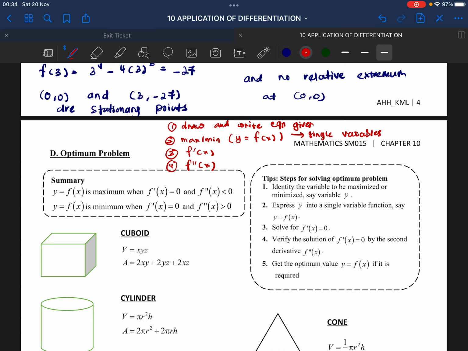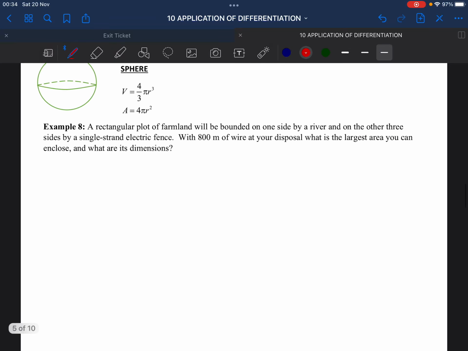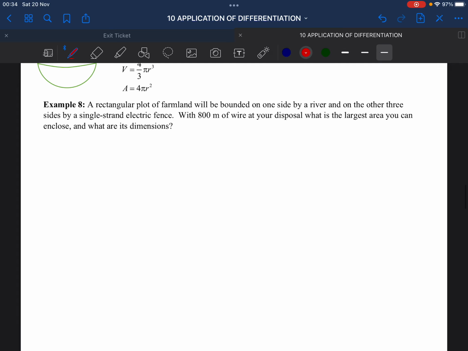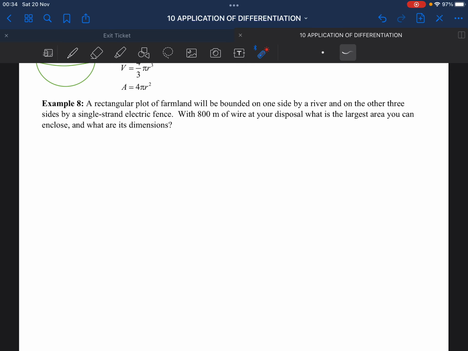So based on these steps here, we are going to solve example 8. So let's read the question first. A rectangular plot of farmland will be bounded on one side by a river and on the other 3 sides by a single strand electric fence. Okay, there you go. You have a rectangular farmland.